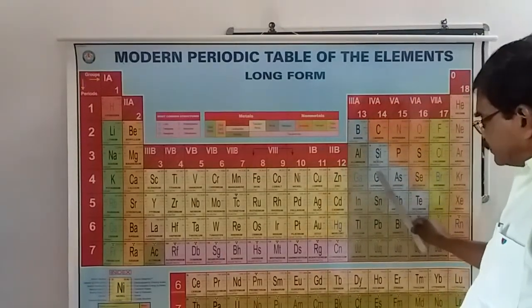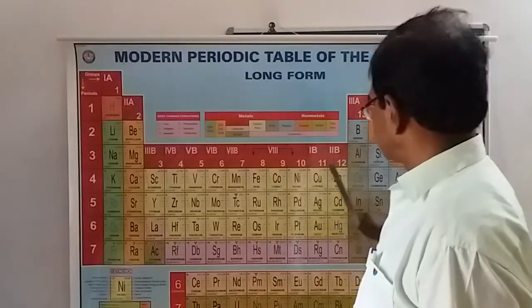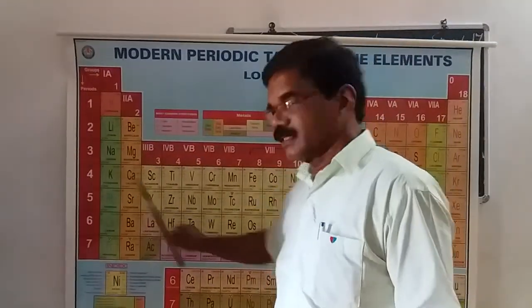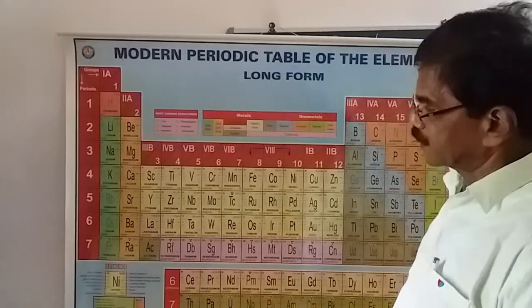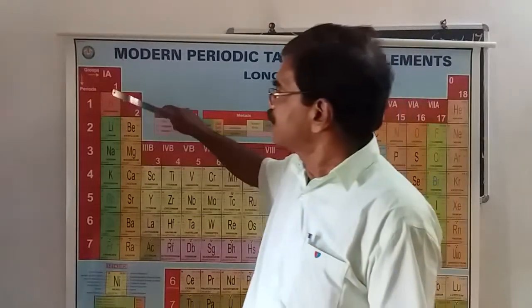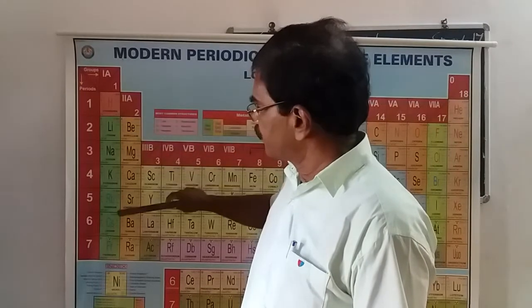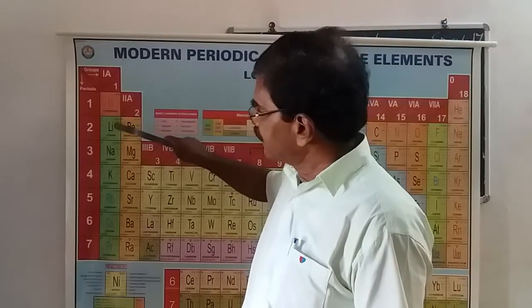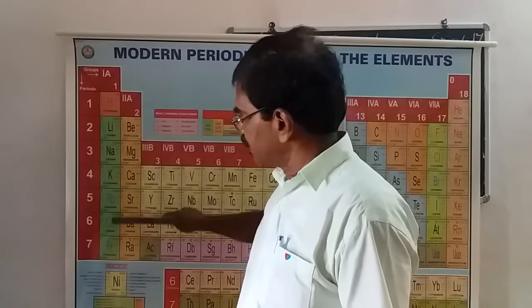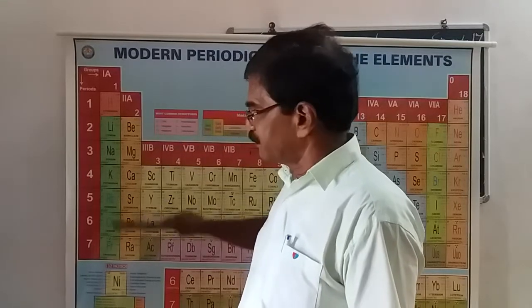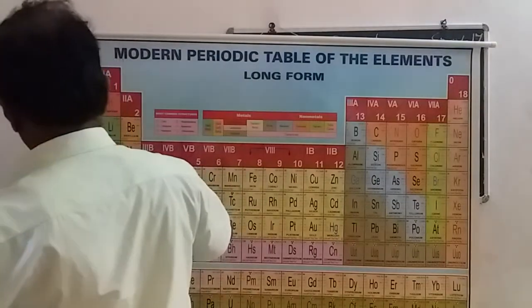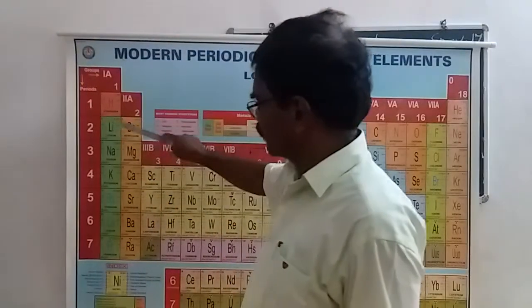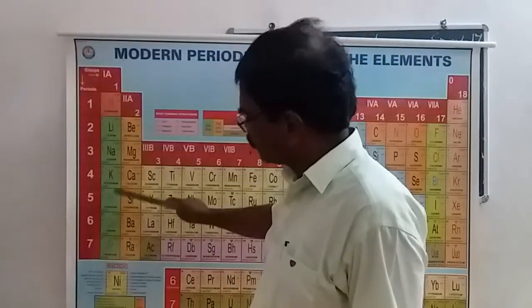On the left side of the metalloids there are metals, and on the right side there are non-metals. Then we can see that in a group, the size of the atom increases from top to bottom.